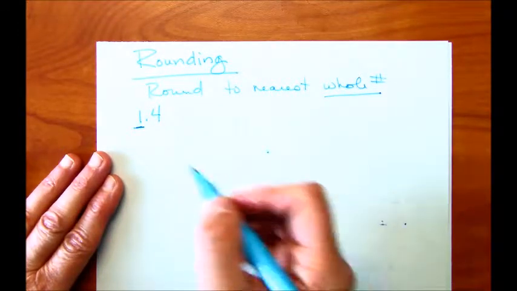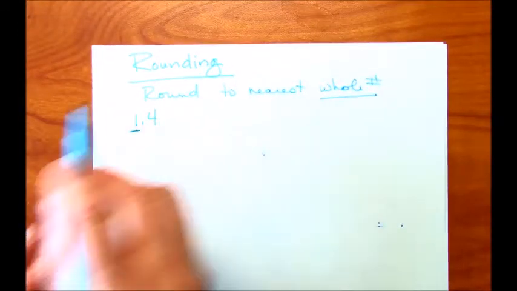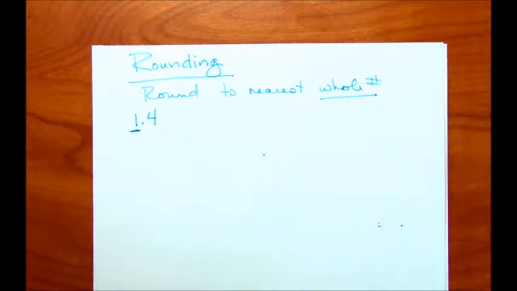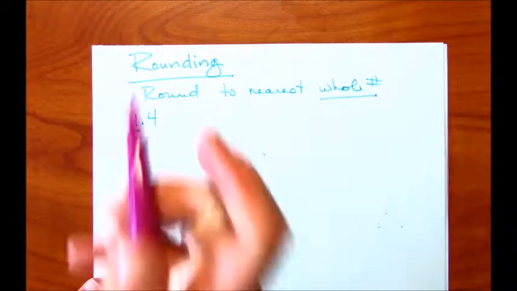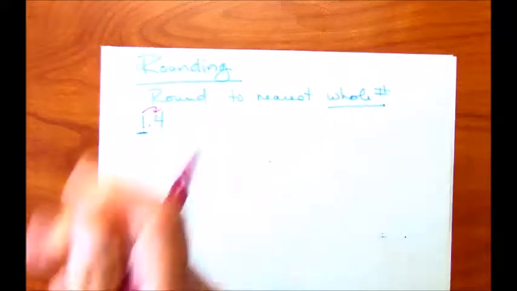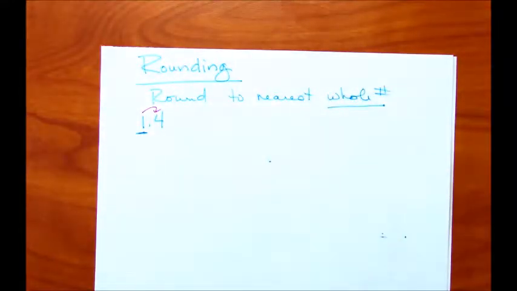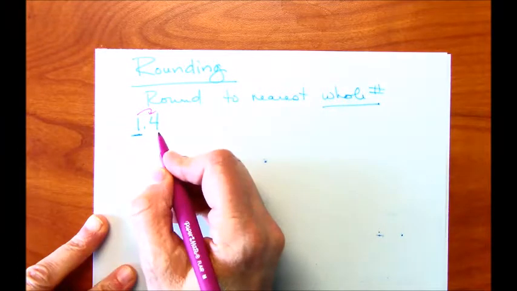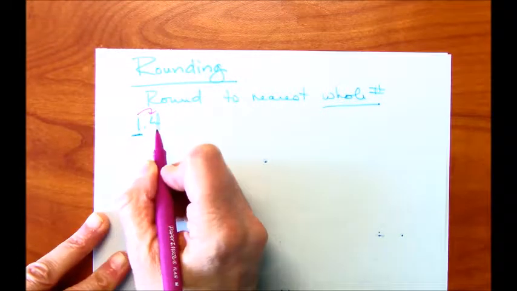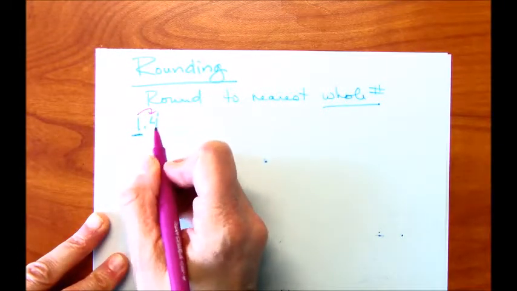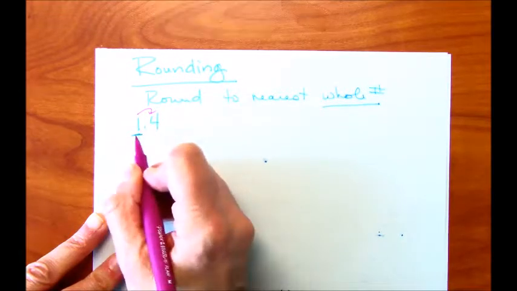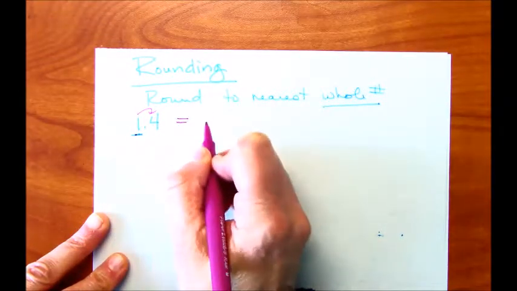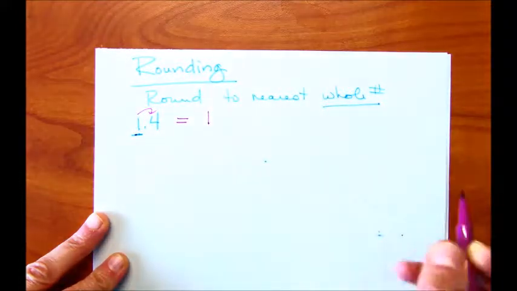And like before, we're going to look to the right of that whole number. Okay, and I'm basically going to say to myself, 5 and above, give it a shove. 4 and below, keep it low. So because this is 4 or below, this is going to be just 1.